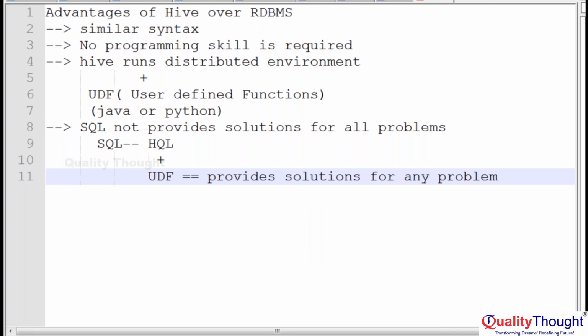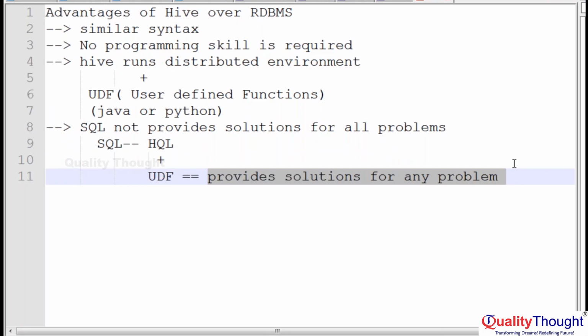We have all SQL functions, right? All SQL facilities. If all these SQL features do not support providing a solution to your problem, then implement a UDF and attach the UDF to HQL. Attach UDF to HQL, then you can provide a solution to any big data problem.